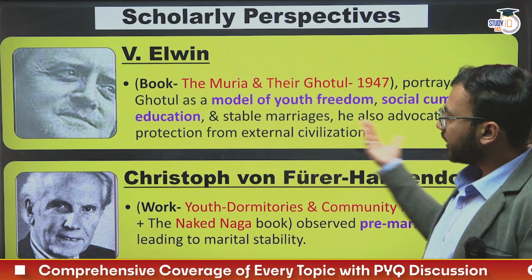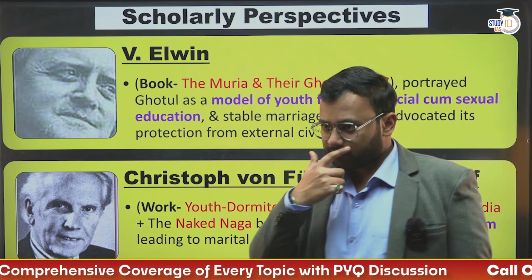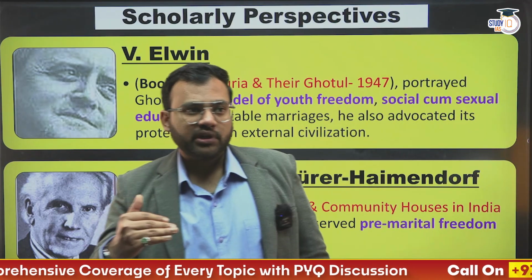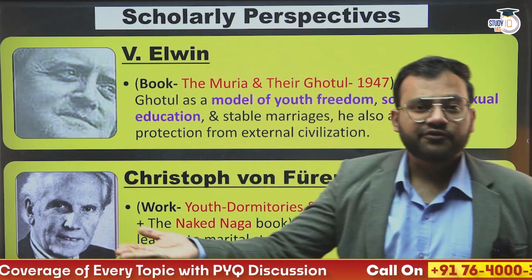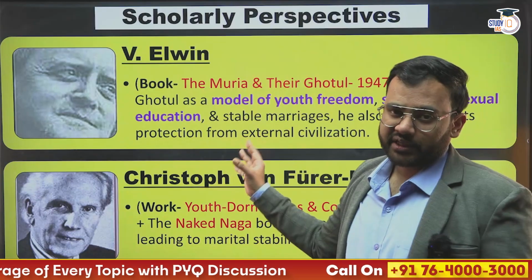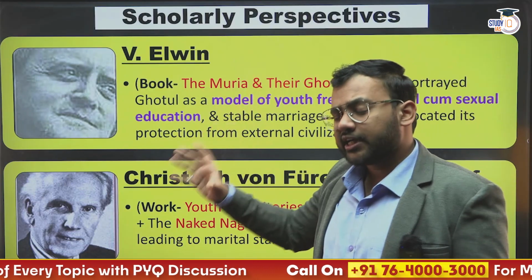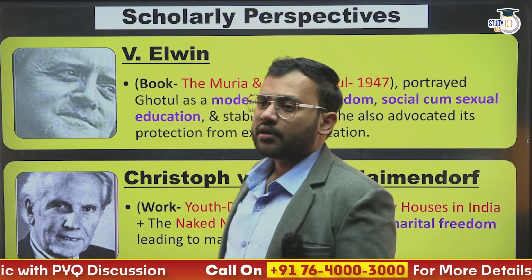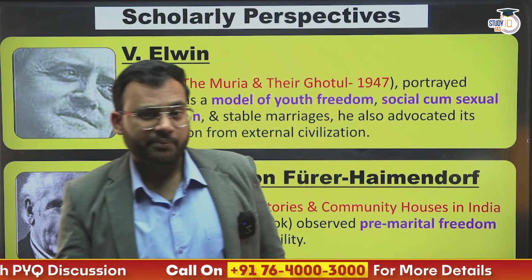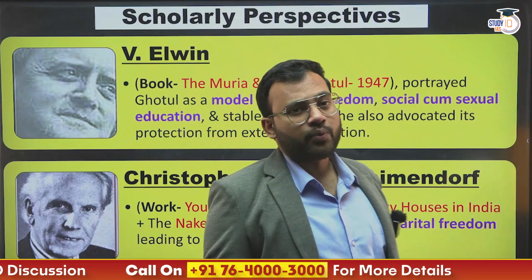And he also advocated protection from external influence. According to him, these youth dormitories are rapidly under external force of decline, and we need to prevent them. Because there is a great chance that with the loss of youth dormitories, the cultural practices and a lot of oral traditions which are prevalent may also vanish.